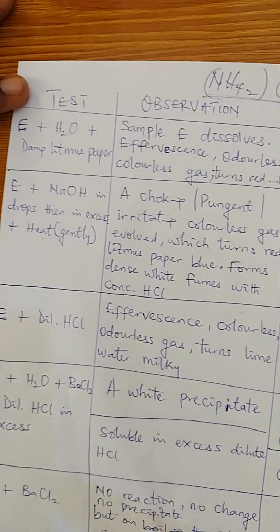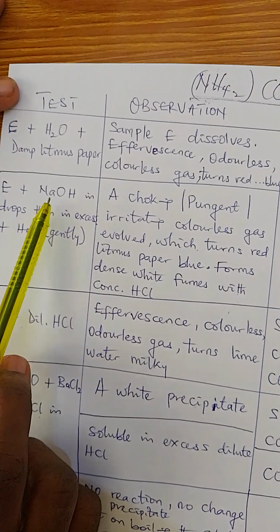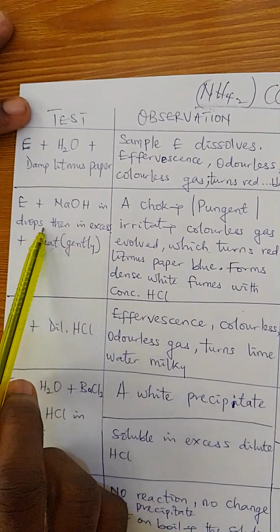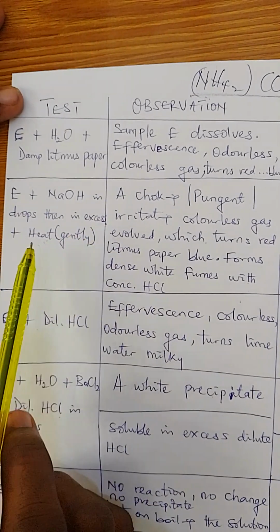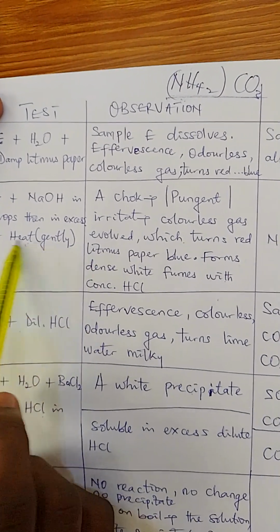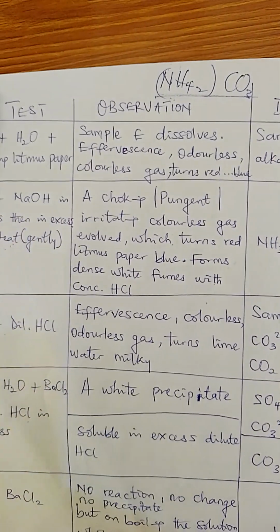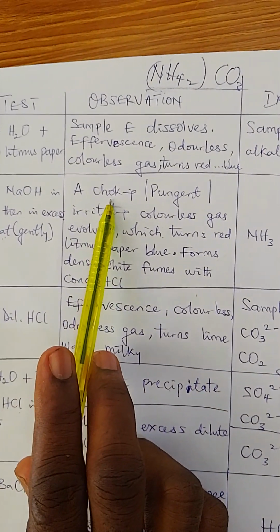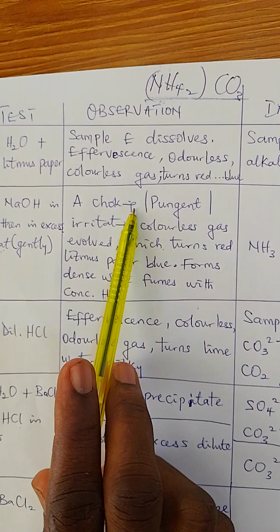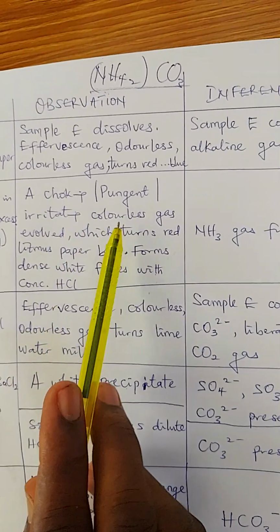Alright, the question can also come as: take sample E, add sodium hydroxide in drops, then in excess. You could be asked to heat gently, you could be asked to boil, or they may not include it. However, if you carry out this test, you are going to observe a choking smell, or you call it a pungent or irritating smell.